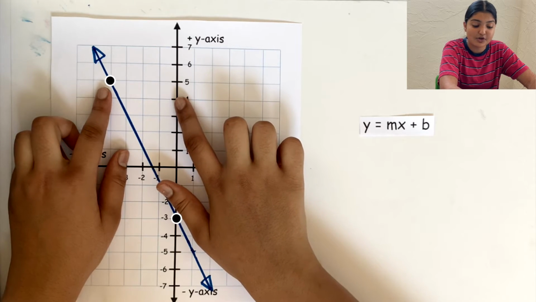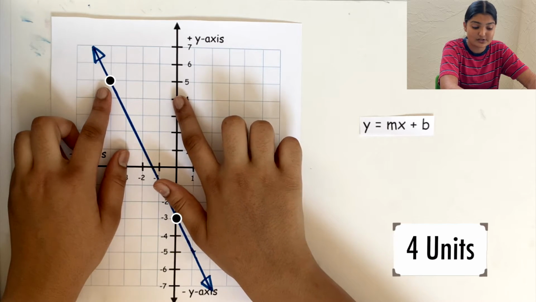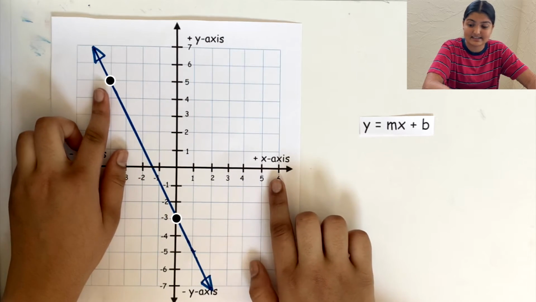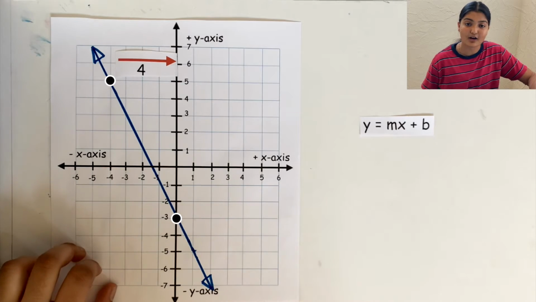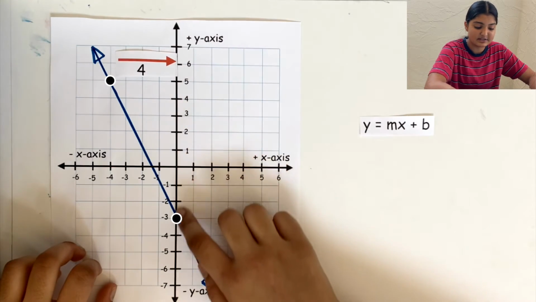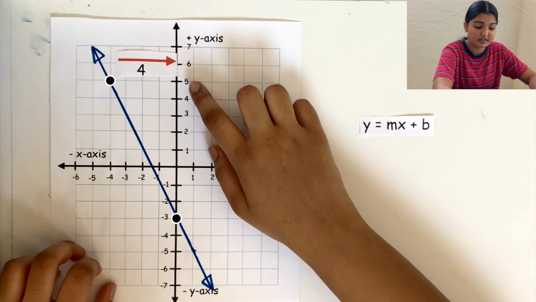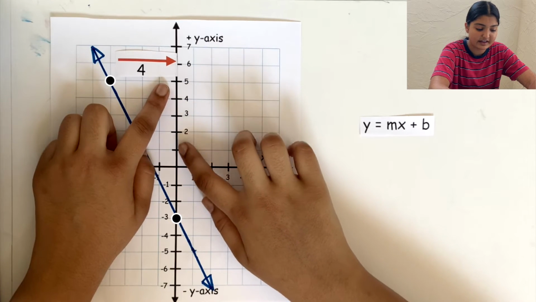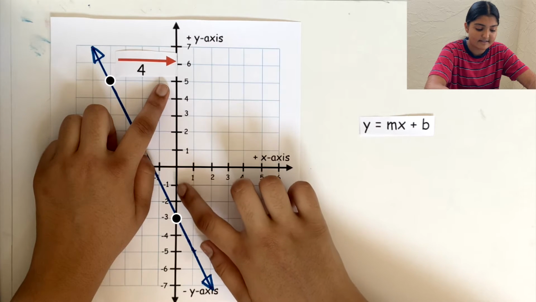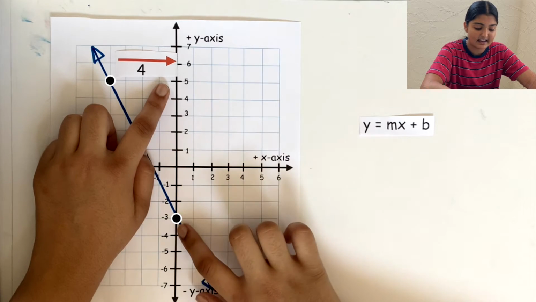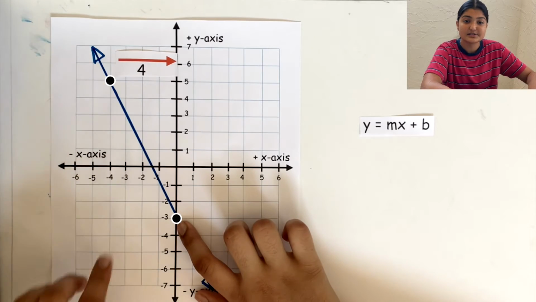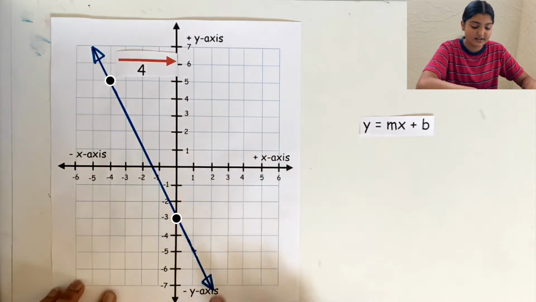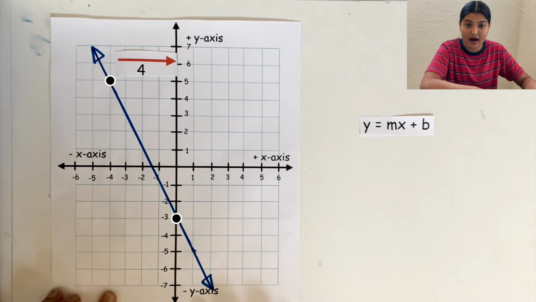So we travel 4 units in the horizontal direction towards the positive x-axis. Well, how far do we travel in the vertical direction? 1, 2, 3, 4, 5, 6, 7, 8. So we move 8 units down towards the negative y-axis.